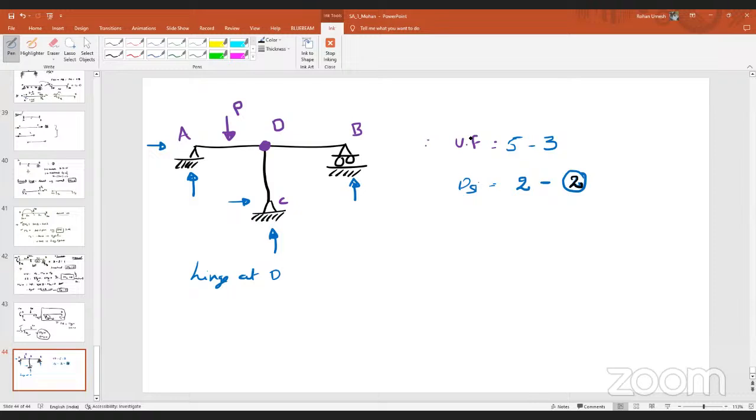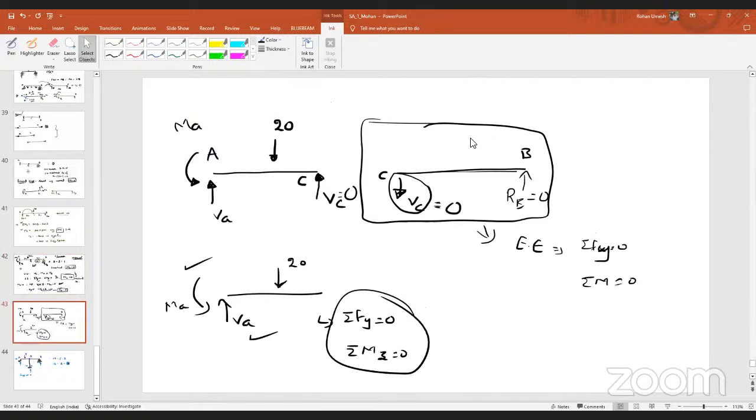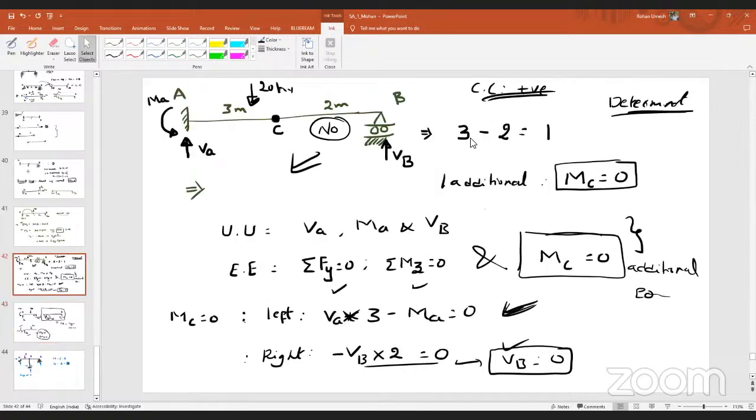Sir, D is the common point for A to B and C and C to D. Is it because it is a common point? That's why we say m minus 1? What is the rule? Even in the problem we have solved, we saw clearly how to solve with moment at the point.